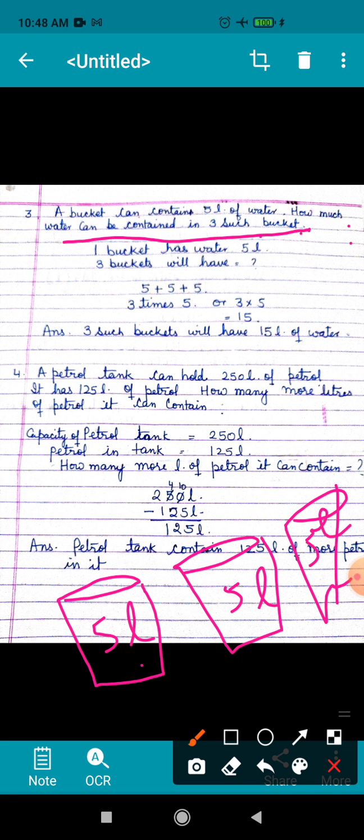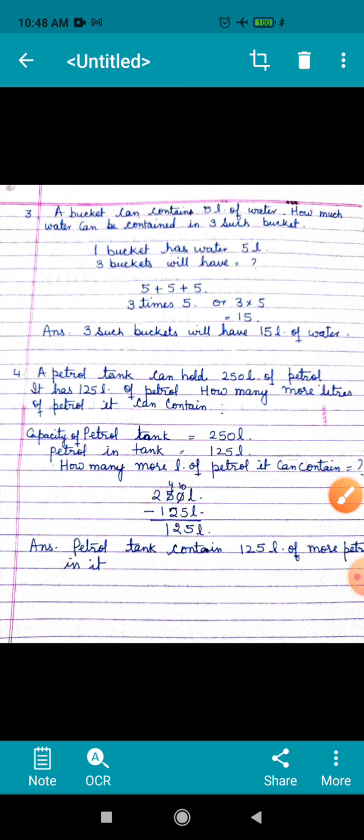It means 3 times 5 liter: 5 plus 5 plus 5, or 3 times 5. In short, you can write 3 multiplied by 5. 3 fives are 15. It means 3 such buckets will have 15 liter of water.